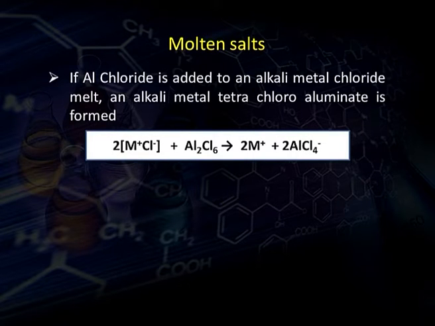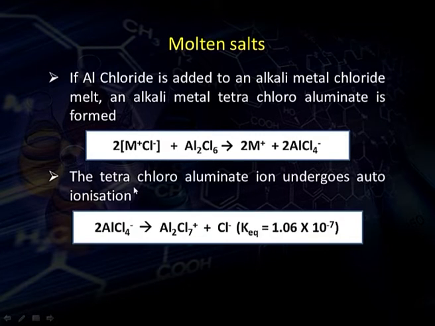This is the example here: metal chloride reacts with aluminum chloride to give metal plus AlCl4-. The tetrachloroaluminate ion, AlCl4-, undergoes autoionization, and gives Al2Cl7+, the cation part, and Cl-, the anion part.